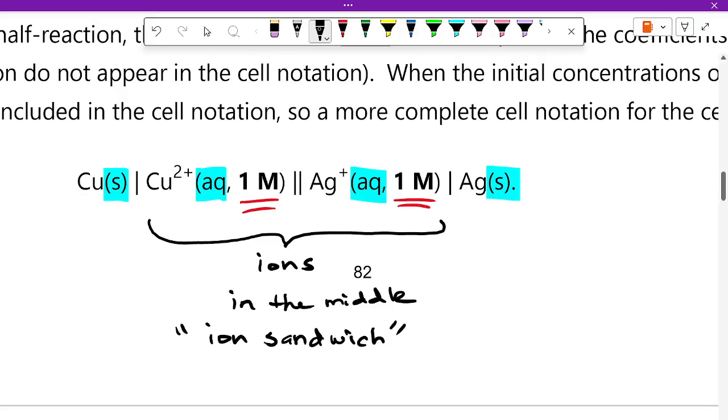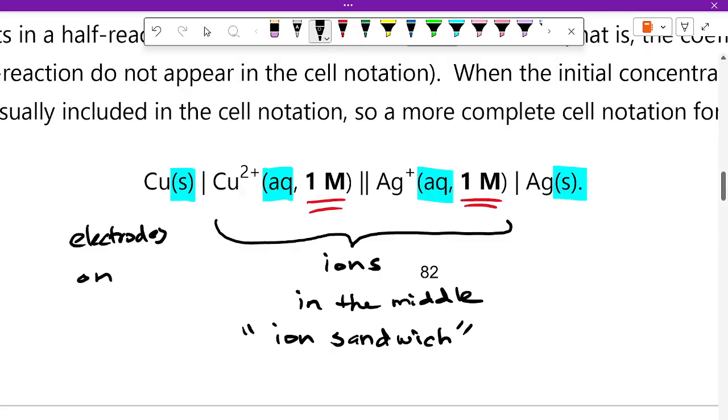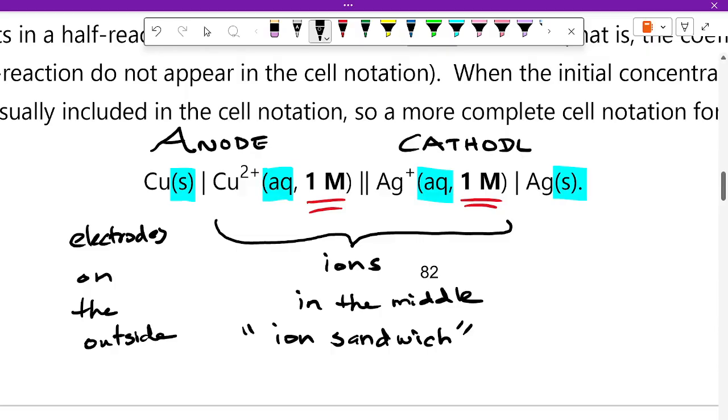So the electrodes go on the outside, with the ion sandwich, the ions in the middle, in between them. So that's the order you put them in. It's going to be always the anode over here and the cathode on the right. Is that good? Okay, and that is probably all you need to know about cell notation.